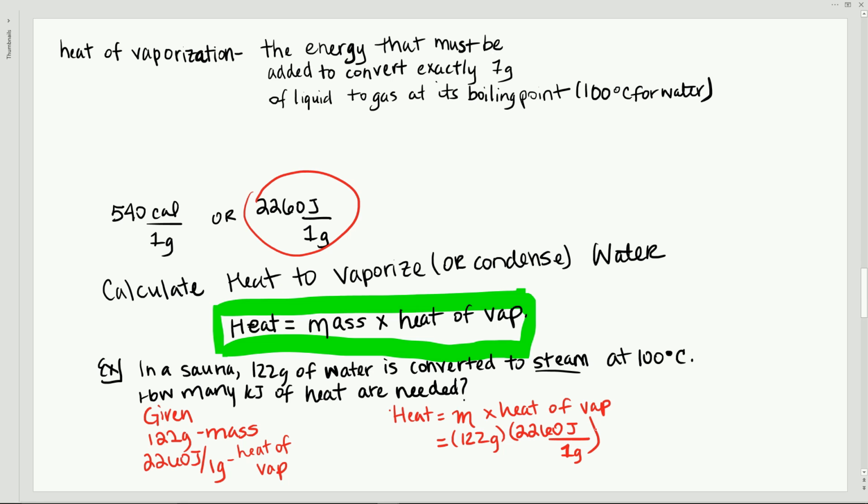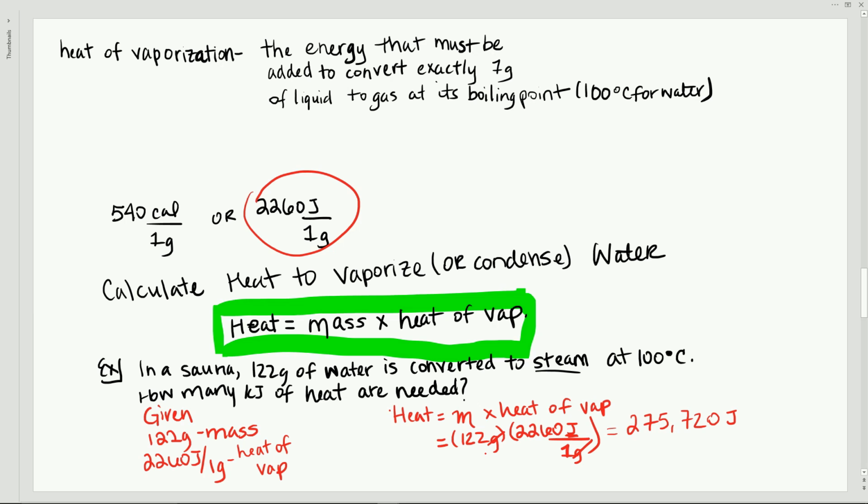Okay, so now we have grams on the top and grams on the bottom, so those cancel. So we are left with joules, which is the unit that we need because we know joules is a unit of energy and heat is thermal energy. So if we do that math, 122 times 2,260, we get 275,720 joules.